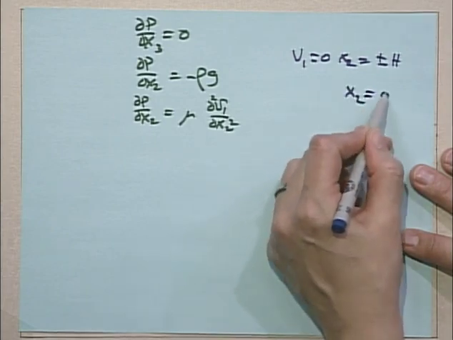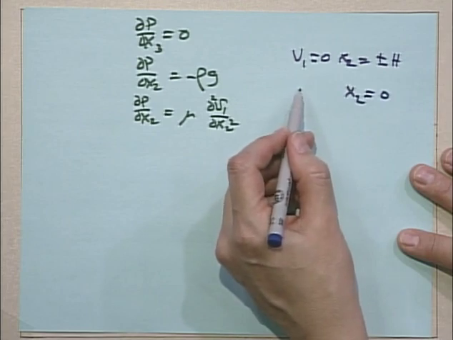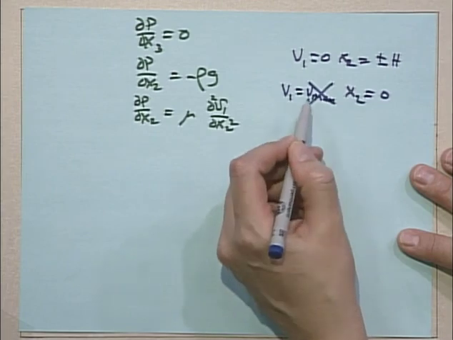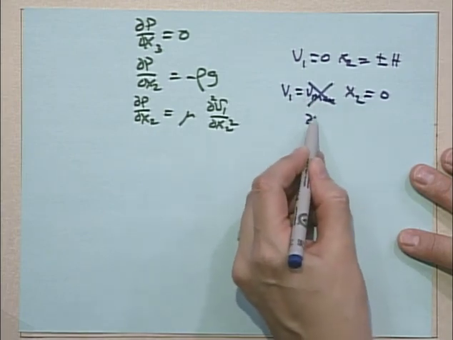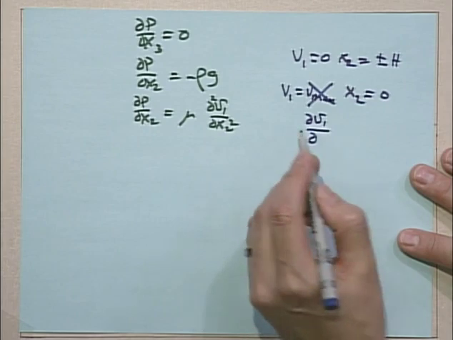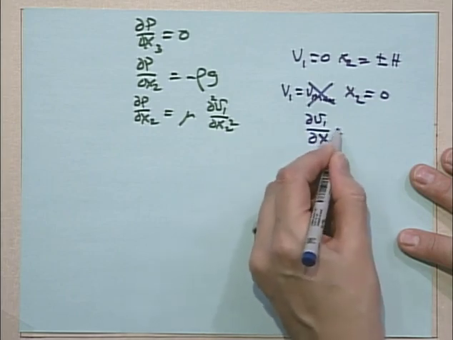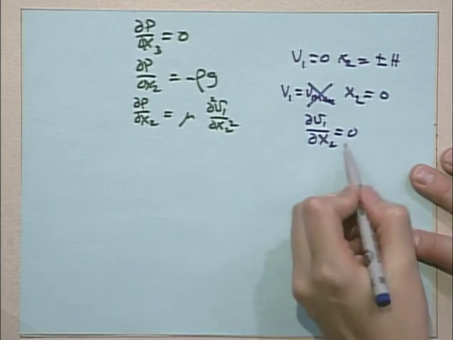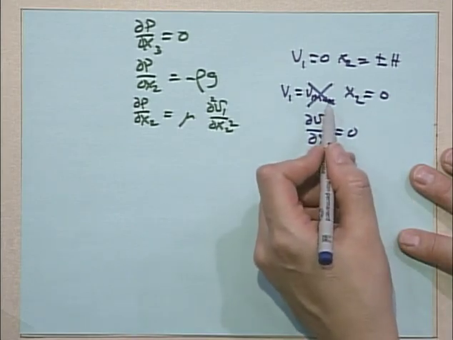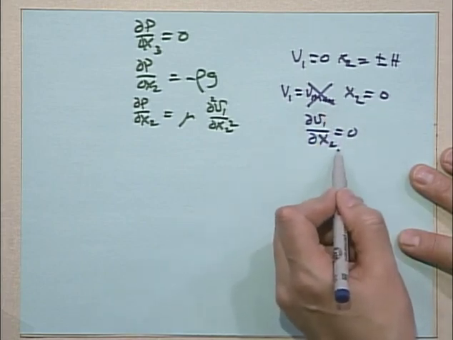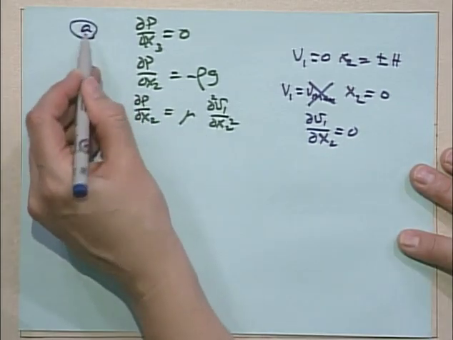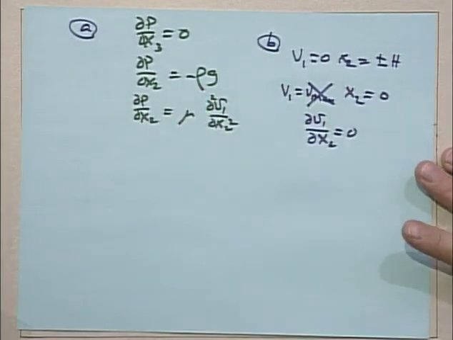At x2 equals 0, the velocity must go through a maximum. Don't do this, V1 equals V max. The correct boundary condition is what Juan said, that the derivative is 0 at the maximum. This one we can use. V max we don't know until we finish the problem. When we finish the problem, we can calculate V max from setting the velocity derivative equal to 0. Okay, so this is part A, full credit. This is part B, full credit.